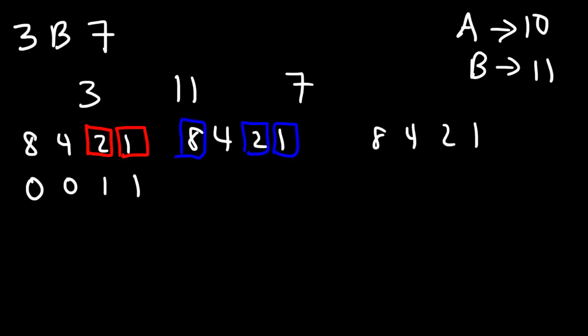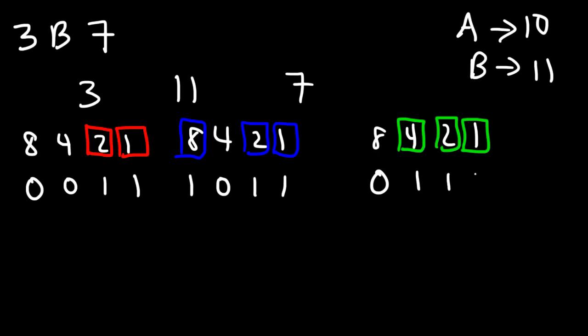So this becomes 1, 0, 1, 1. We didn't use the 4, so the 4 is going to correspond to a 0. 7 is the sum of 4 and 2 and 1. So the binary number that corresponds to 7 is 0111.